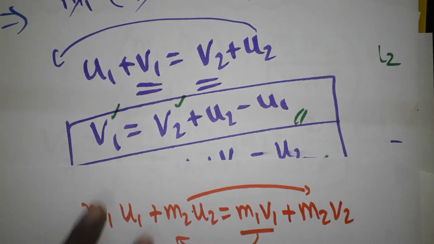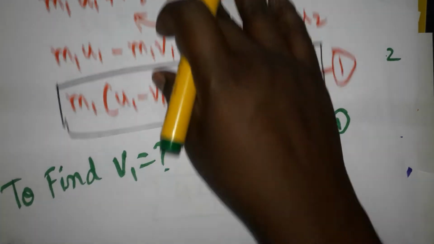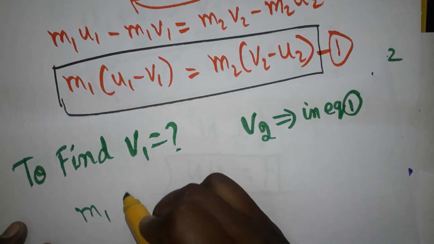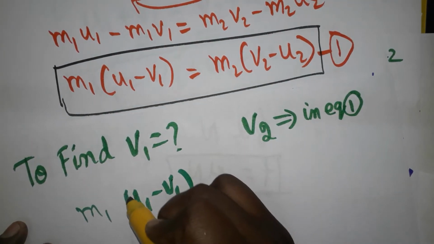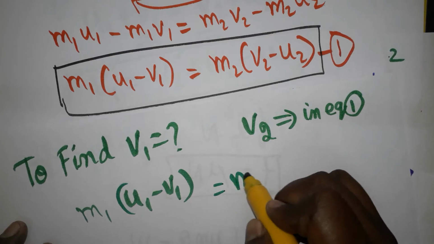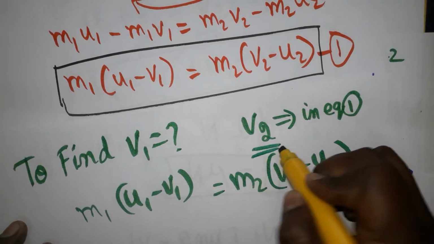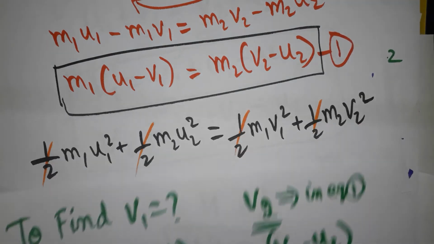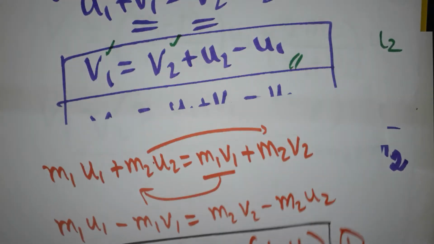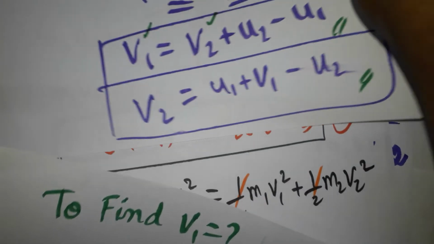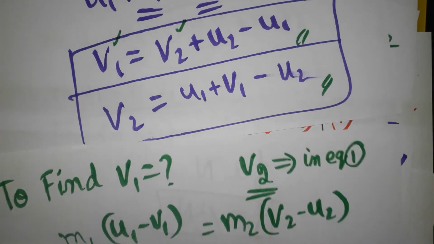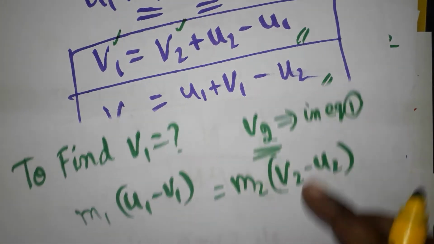I know equation 1, I'll write it: m1 (u1 minus v1) is equal to m2 (v2 minus u2). Now I am going to substitute the v2 value. See here, the v2 value we already found: v2 is equal to u1 plus v1 minus u2.